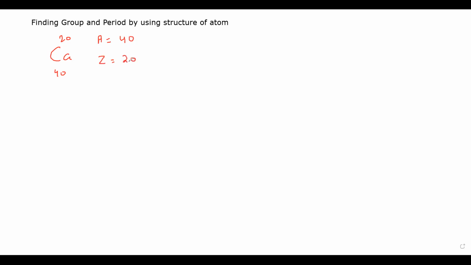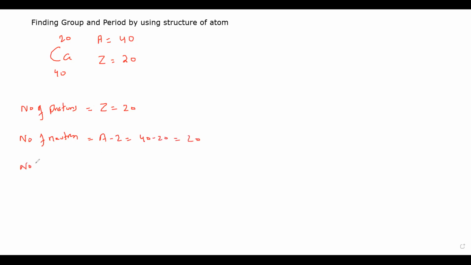Z is 20, the number of protons. That is given by Z, so that's 20. Number of neutrons is A minus Z, 40 minus 20, so that is also 20.